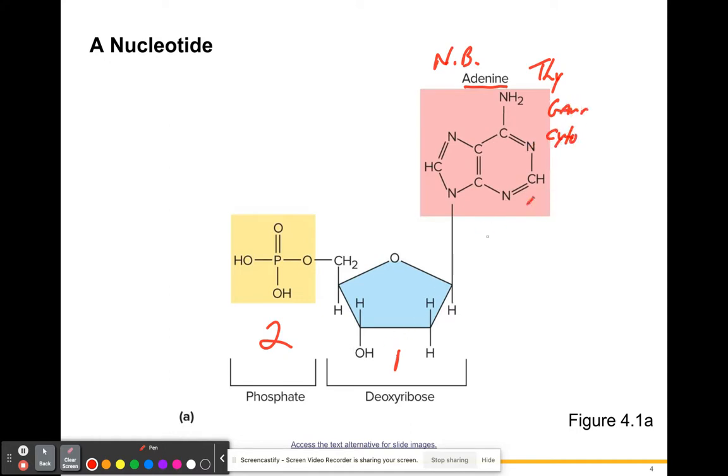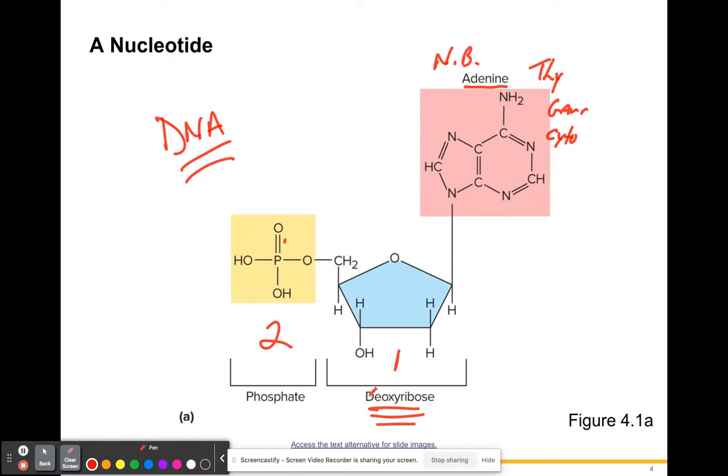This could not have been uracil because it's deoxyribose, which means this is DNA, and there's no U's in DNA. There's only A's, T's, G's, and C's. So this example has adenine, but it could have very easily been thymine, guanine, or cytosine. All the nucleotides have the same structure, except this would change slightly depending on which of these four it was.